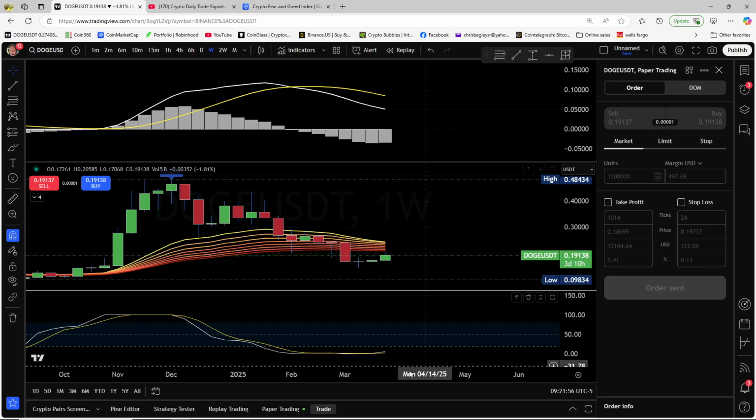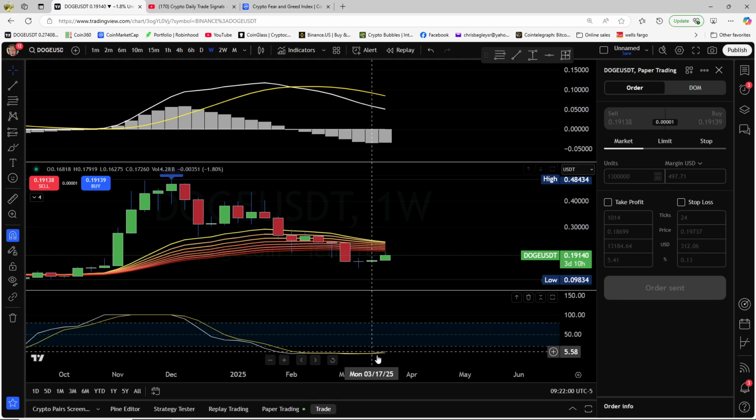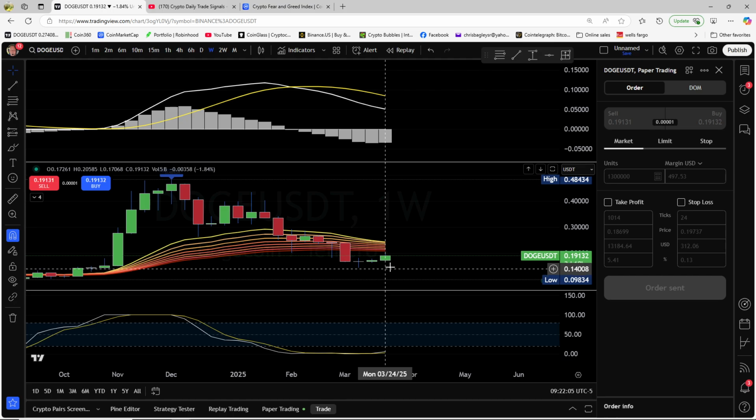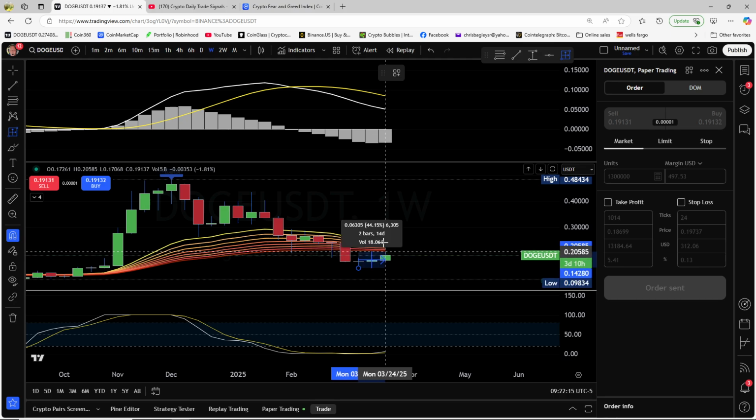So it's on its way up, and it's barely come up, and we've already had an increase of, let me measure this out, we've already had an increase of 44%.